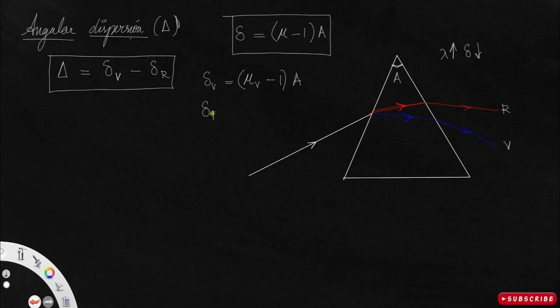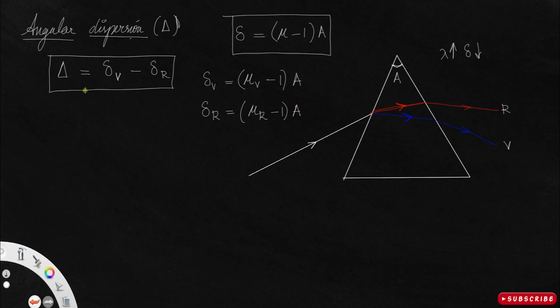And for red light, see, clearly for different colors, the refractive indices for the prism are different. So for red light, we can take mu r minus 1. Mu r stands for the refractive index of the prism for the red light, times A.